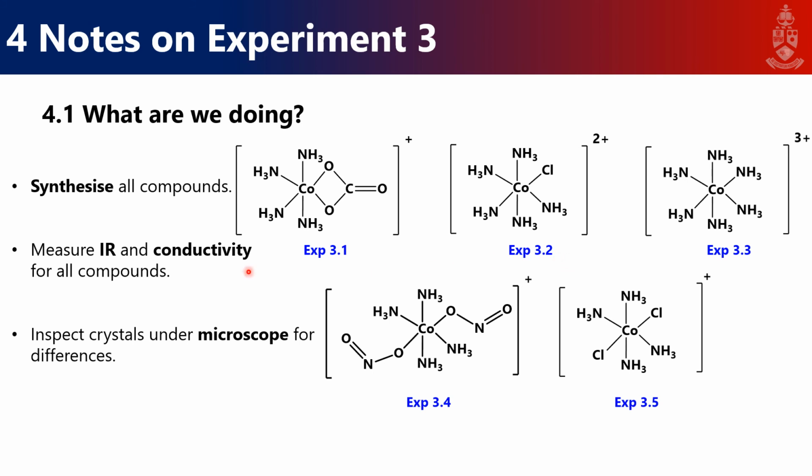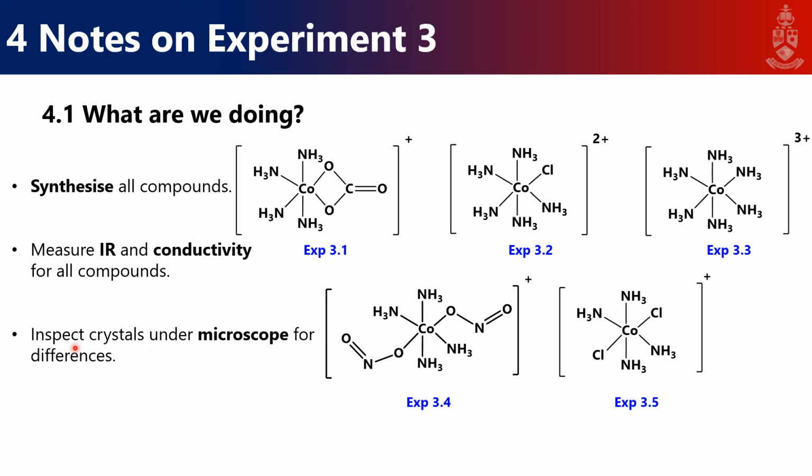And then what we do is we measure the IR and the conductivity of each of these compounds, and we compare that to one another to distinguish them. And we also inspect their crystals under the microscope.